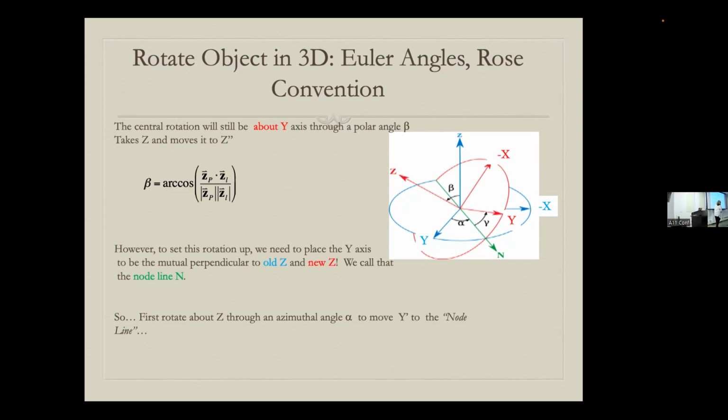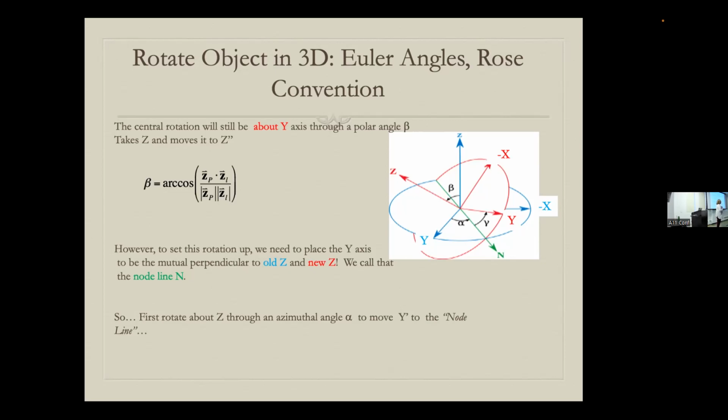That would be the z for the crystal, the molecule's symmetry axis. We need to find a mutual perpendicular for those two. Its name is the node line, n. And for a little while, that's our y-axis in the middle of the problem. So if I rotate about n through an angle beta, I move old z to new z. That's the crux of it.